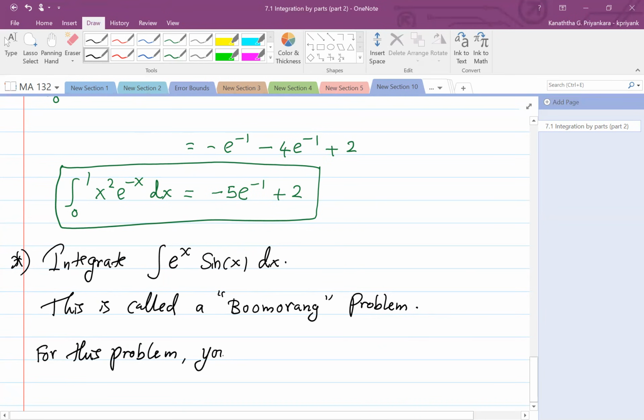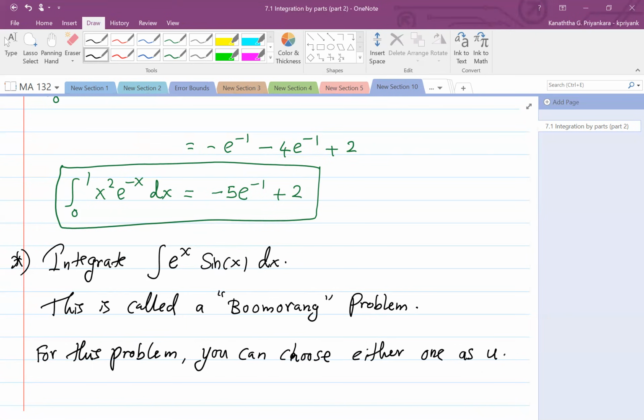You can choose either one as u. So you can choose u equal e to the power x, or you can choose u equal sine x. It doesn't matter in this case which one you use, you will get back the same answer.